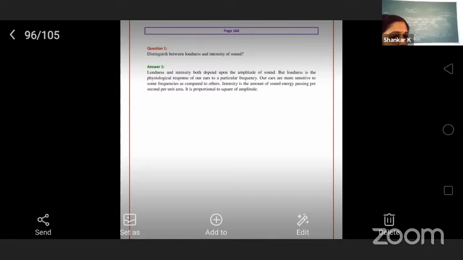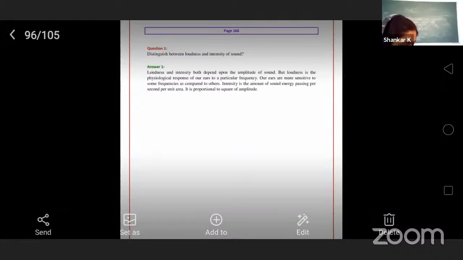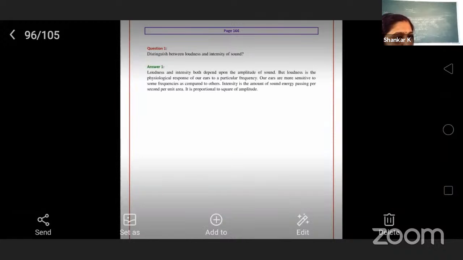Intensity is the amount of sound energy passing per second per unit area. So it is proportional to the square of amplitude. I is proportional to amplitude A square.